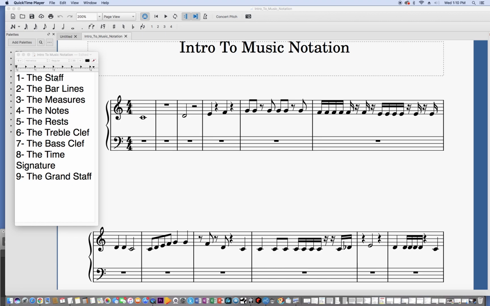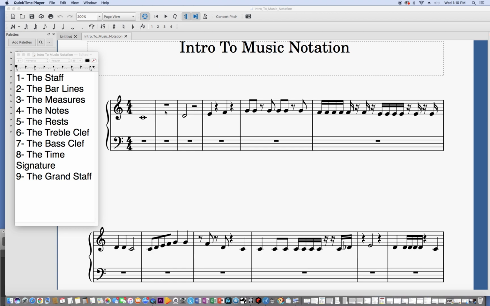Well, the staff is made up of those 5 horizontal lines that the music is written on. So you have one staff which goes across the page, and the second one.